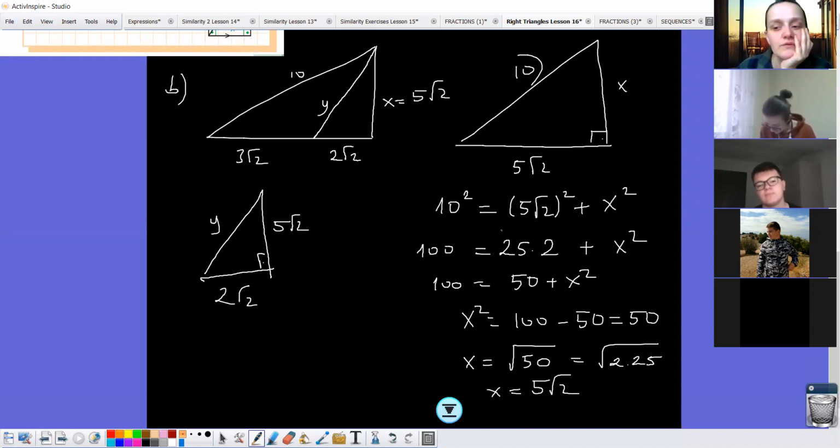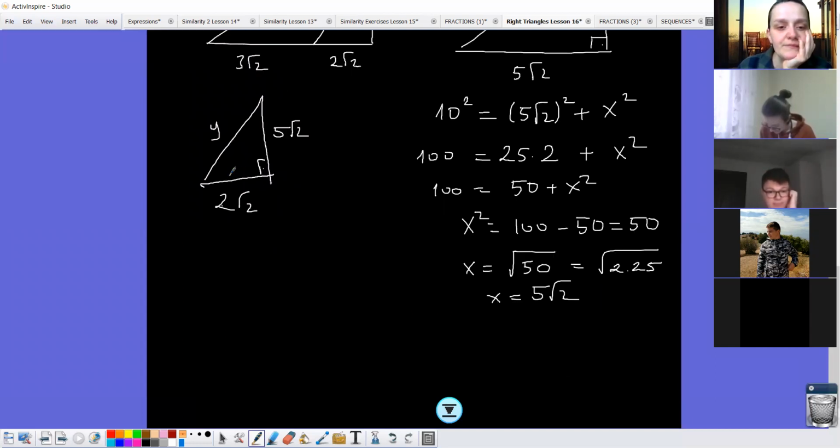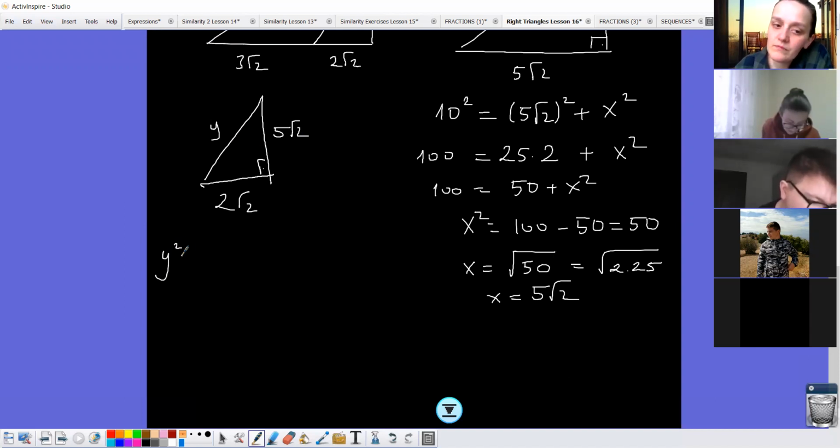Yes, Tringa, now again with the Pythagorean theorem, what will be here in this right triangle? So y squared equals 2 root 2 squared plus 5 root 2 squared.